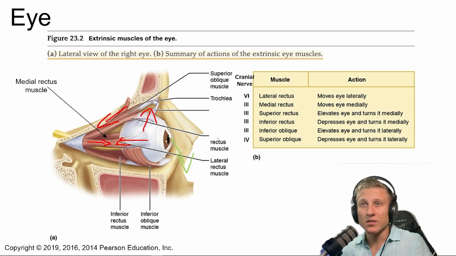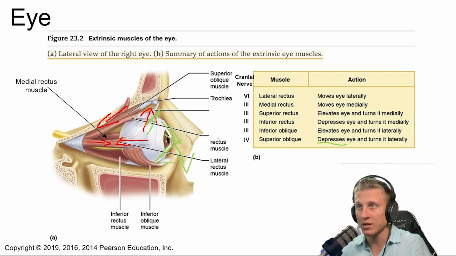And since it's on the lateral surface and we're pulling that, the eye is also going to drift and look laterally. Okay, so superior oblique muscle, it depresses the eye because, again, this distance is getting reduced, which is going to pull the eye downward.